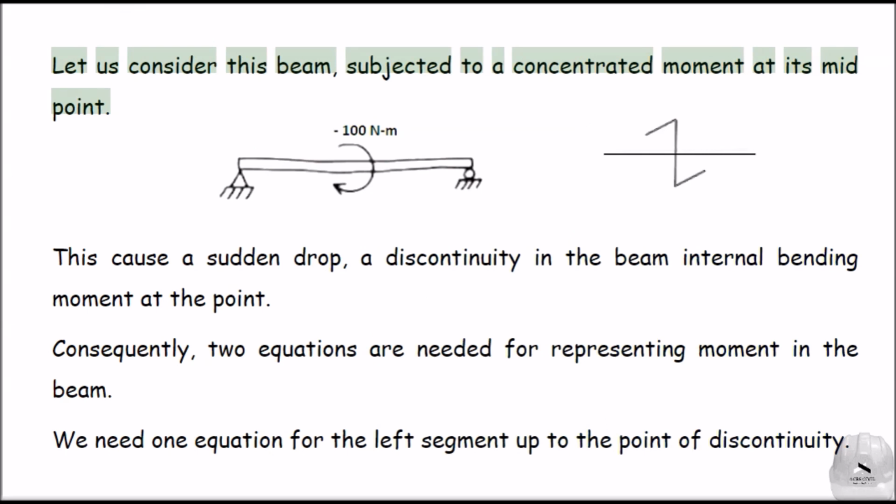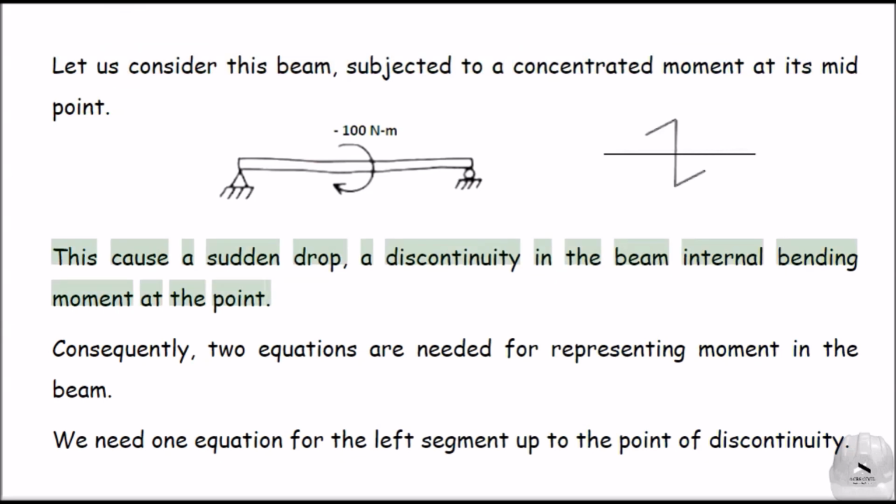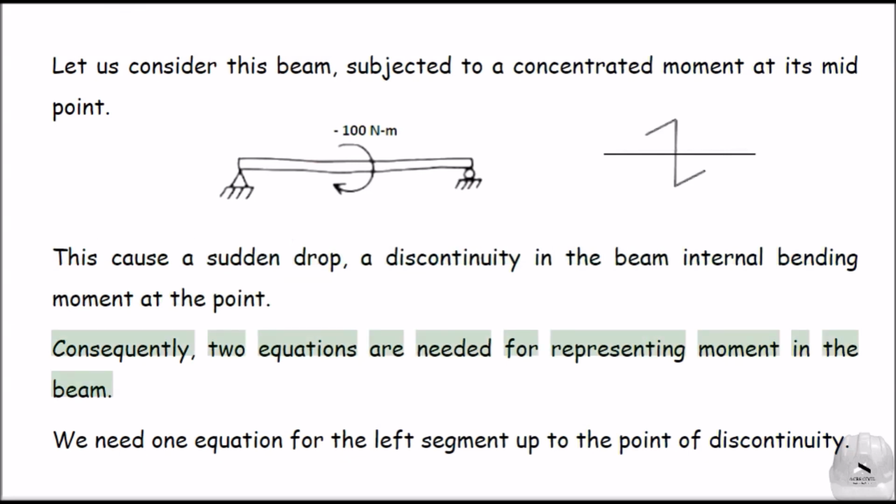Let us consider this beam, subjected to a concentrated moment at its midpoint. This causes a sudden drop, a discontinuity, in the beam's internal bending moment at the point. Consequently, two equations are needed for representing moment in the beam.